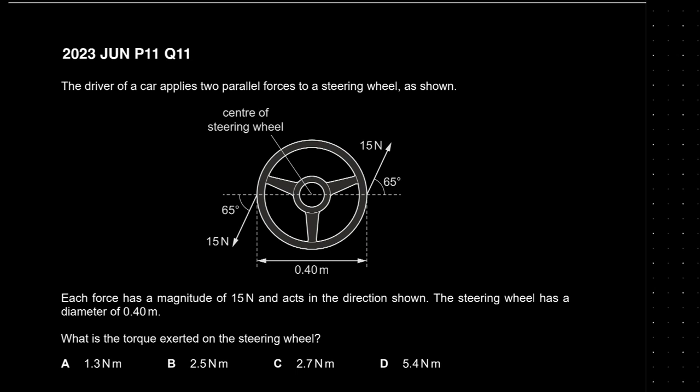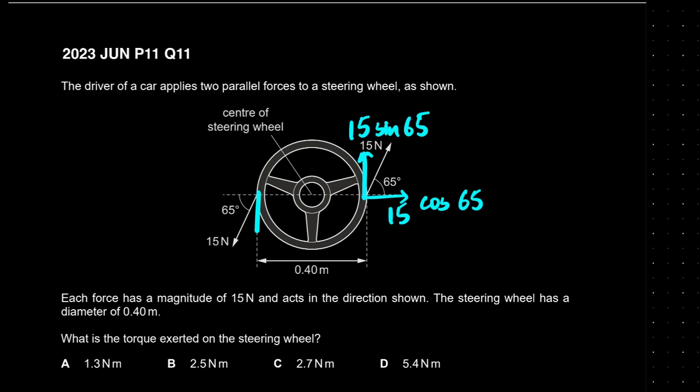So this is very obviously a case of couples, right? So I just need to resolve these forces then. So this is going to be 15 cos. This is going to be 15 sine, and obviously the same thing is going to be there on the other side as well, so I'm not doing this again.